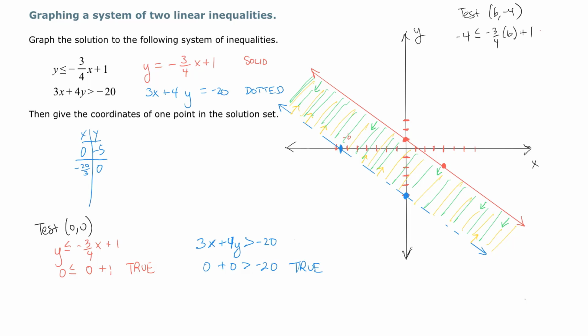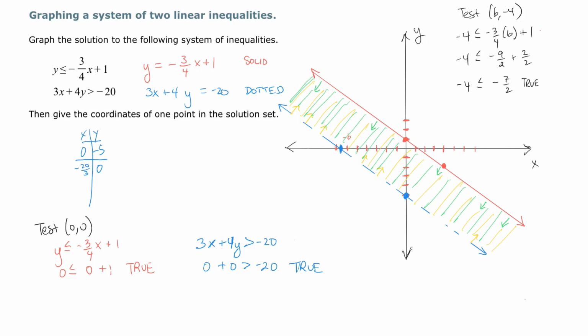Negative 4, less than or equal to negative 9/2 plus 2/2. Is negative 4 less than or equal to negative 7/2? And the answer is yes, that is true. Negative 4 is definitely less than negative 3 1/2.